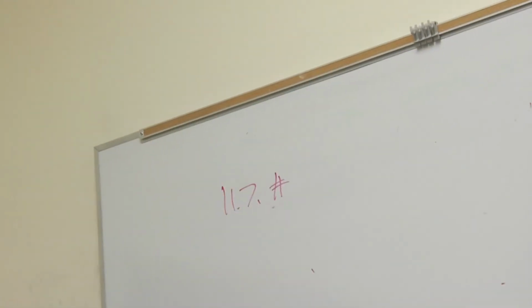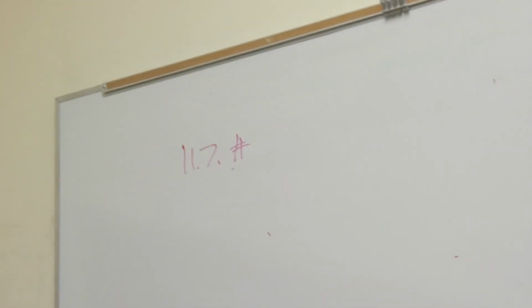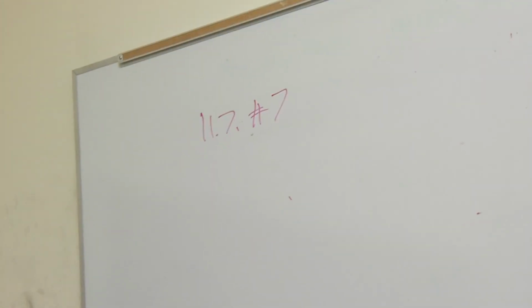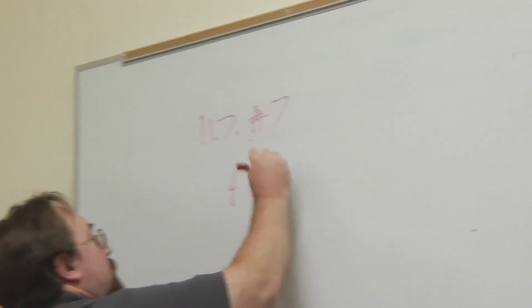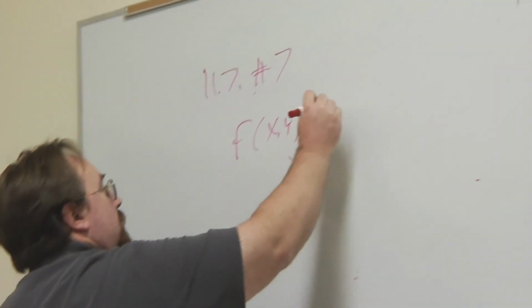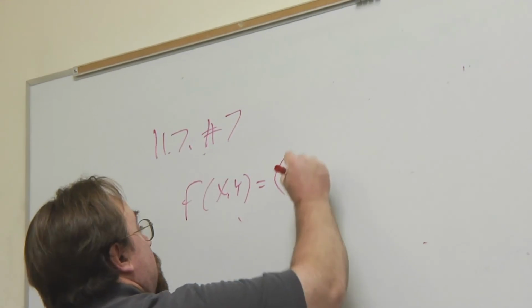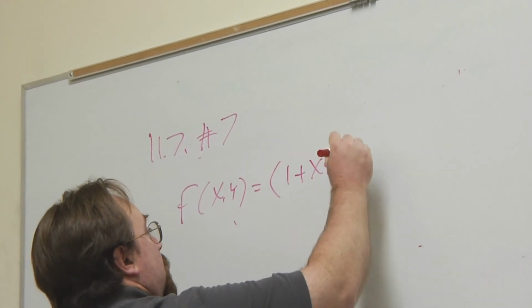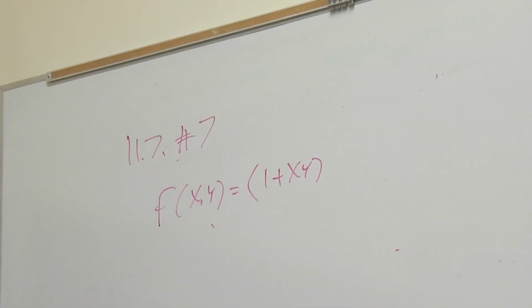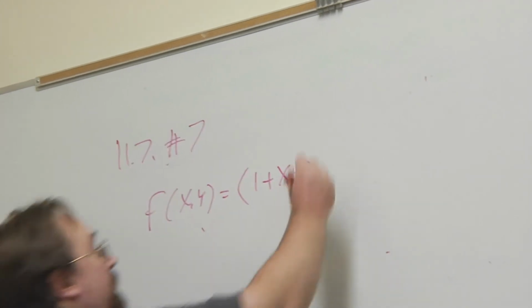Section 12.7, number 7. All right. So we have the function f of x, y equals 1 plus xy times x plus y.